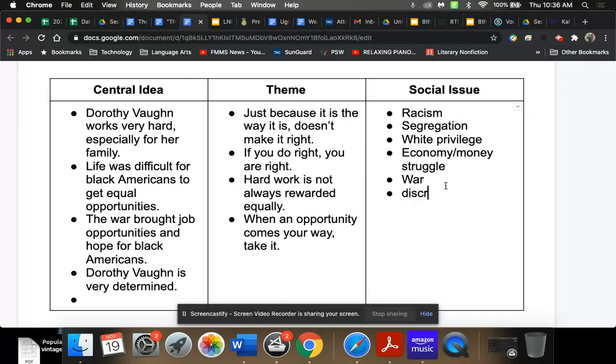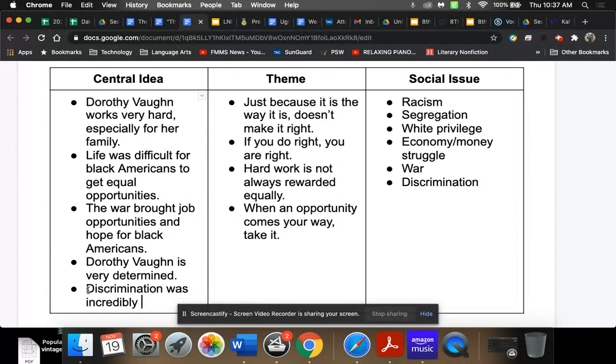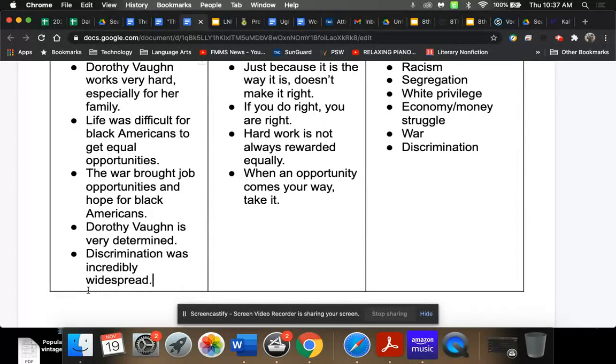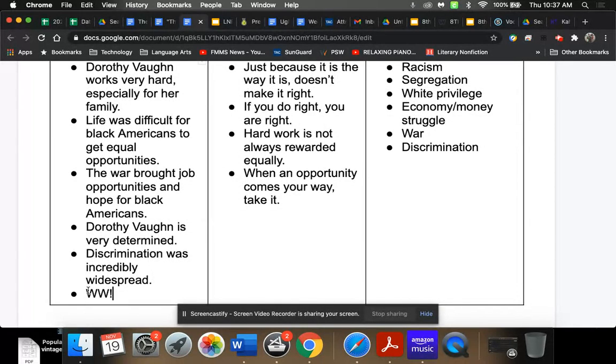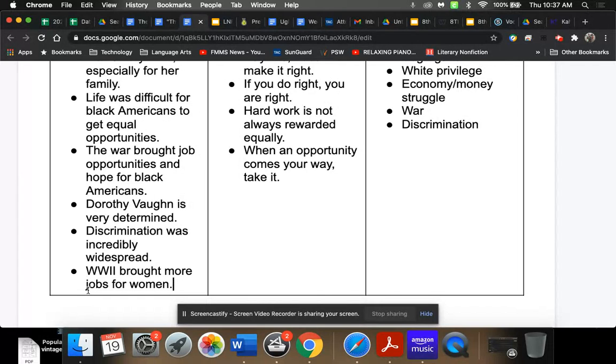So we're adding discrimination to social issue, and we're going to add 2 more central ideas that you came up with. Speaking of discrimination, we said it was widespread. And then the other thing that we saw was that World War II brought more jobs for women, okay? I'll give you a second to add this to your chart from Tuesday.